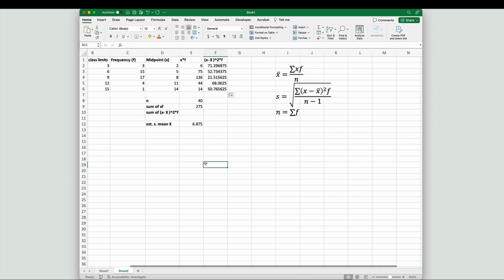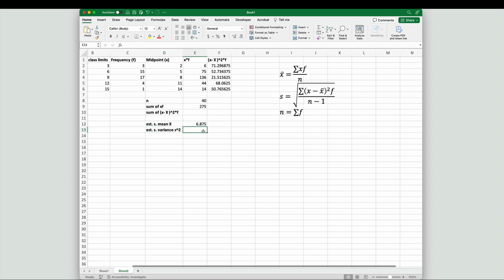Now we are going to estimate the sample variance, which is S squared. We could break this down into 2 or 3 steps, basically the fraction under the square root. Before that, we have to go back up and figure out the sum of this column, the sum of x minus x bar squared times f.